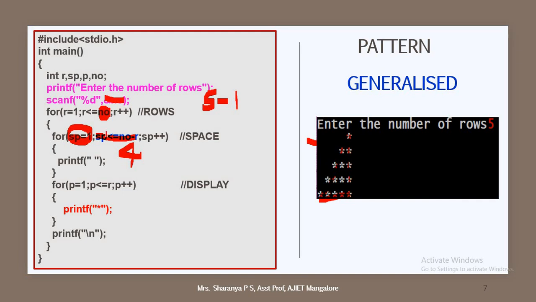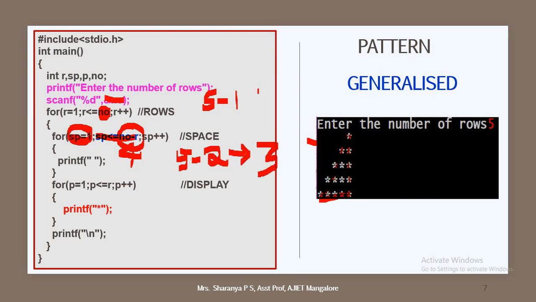This works similar to the previous concept, but we have generalized it with one major logic: the space is always 1 less than the number. In the next iteration, r will be 2, so 5 minus 2, so the number of spaces it provides is 3.